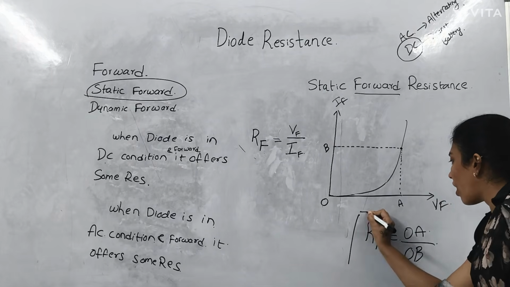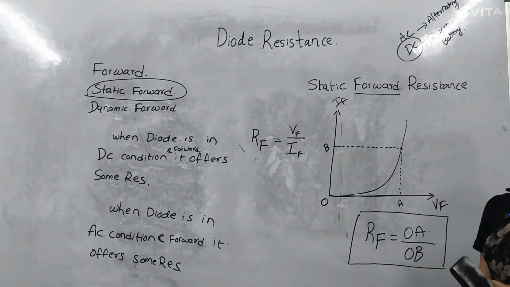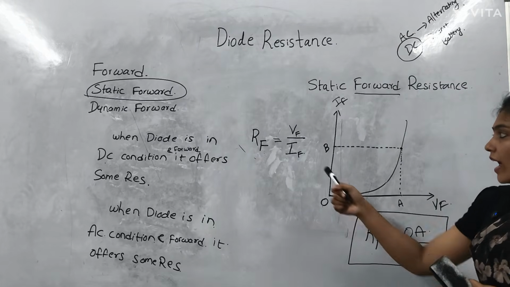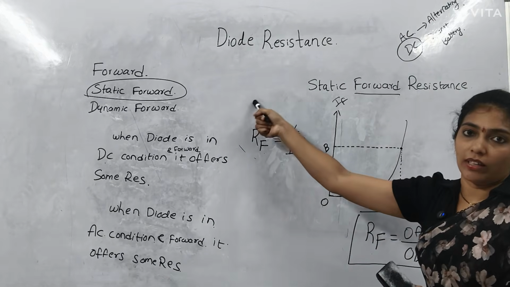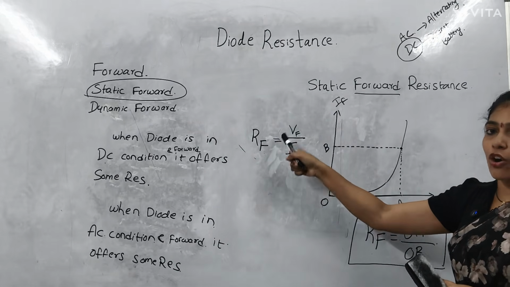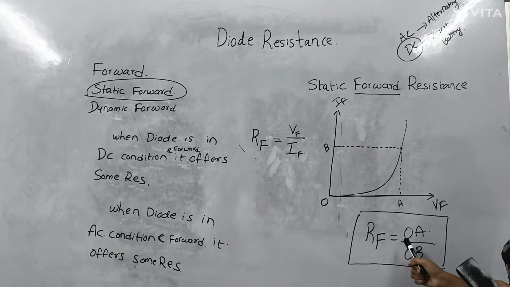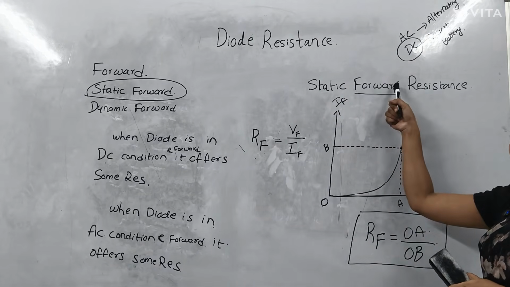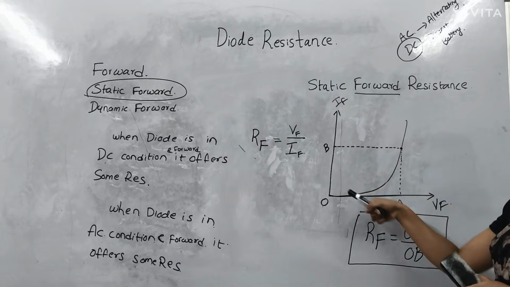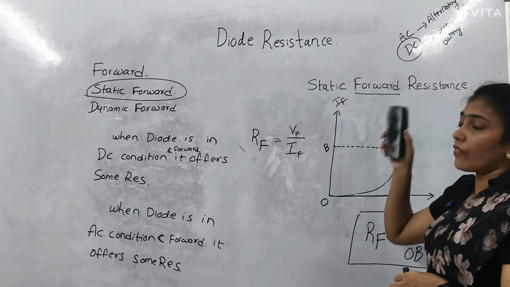So RF equals OA divided by OB. This is the formula of static forward resistance from the graph, and this is the normal formula without the graph: the ratio of forward voltage to forward current. That is all about static forward resistance.